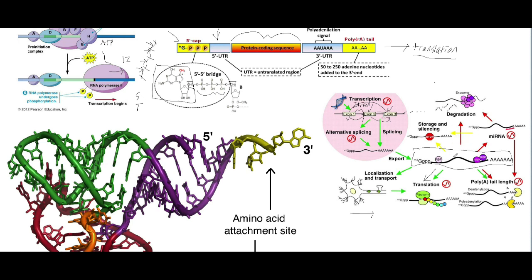If the cell gets a signal that says we don't need this gene on anymore, then it will signal enzymes like this, or this exosome, to start degrading the mRNA. Usually that will be signaled by a protein binding to one of these untranslated regions, which will recruit something like this exosome to come down and start degrading the mRNA.